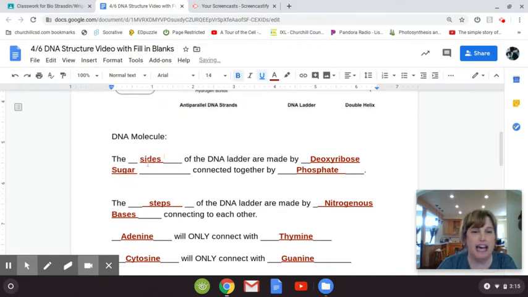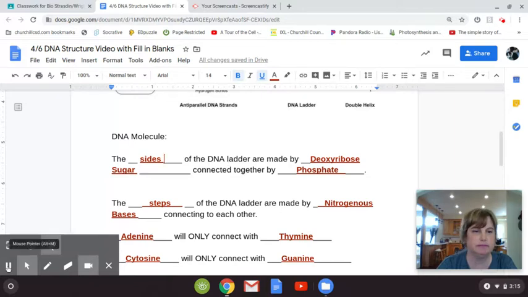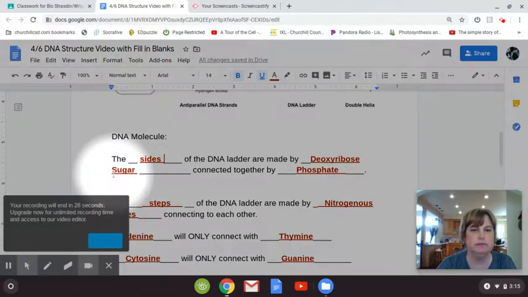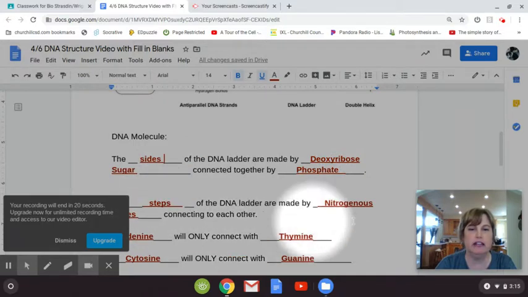So the sides of the DNA ladder are made by, and then you guys will fill in the blank here, deoxyribose sugar. So the sides of the DNA ladder are made by deoxyribose sugar, and they are connected together by phosphates. So I'm going to pause right here, and then I will finish going.